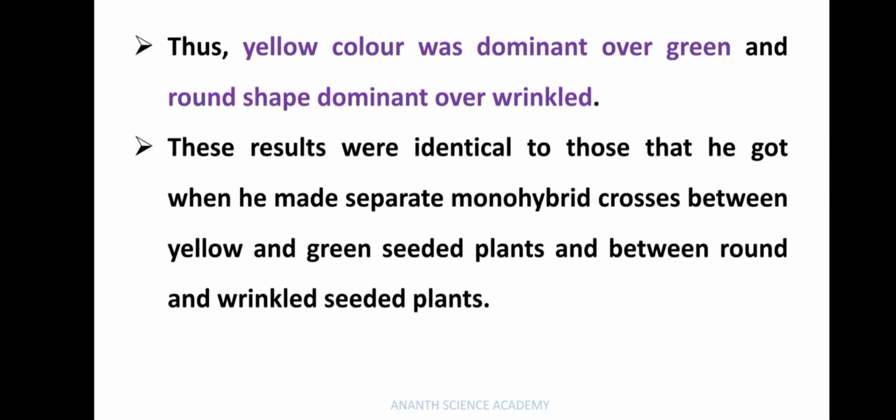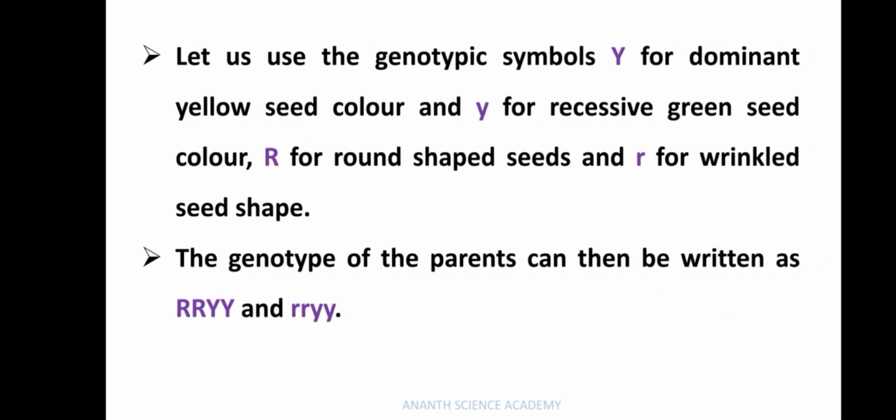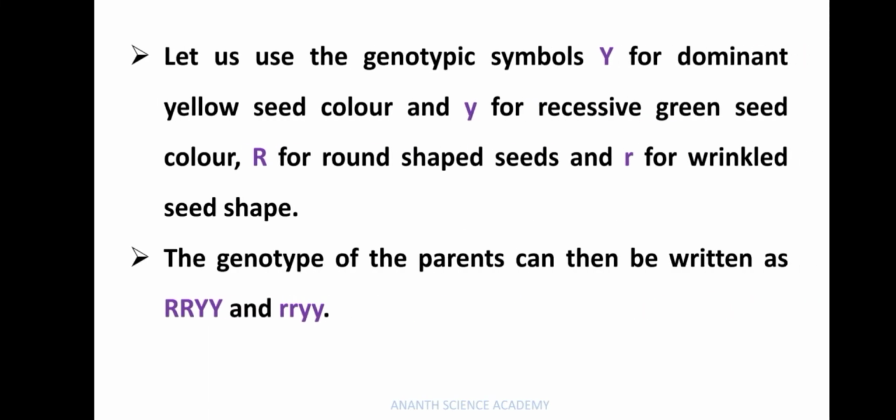These results were identical to those that he got when he made separate monohybrid crosses between yellow and green seeded plants and between round and wrinkled seeded plants. Let us use the genotypic symbols capital Y for dominant yellow seed color and small y for recessive green seed color. Capital R for round shaped seeds and small r for wrinkled seed shape.